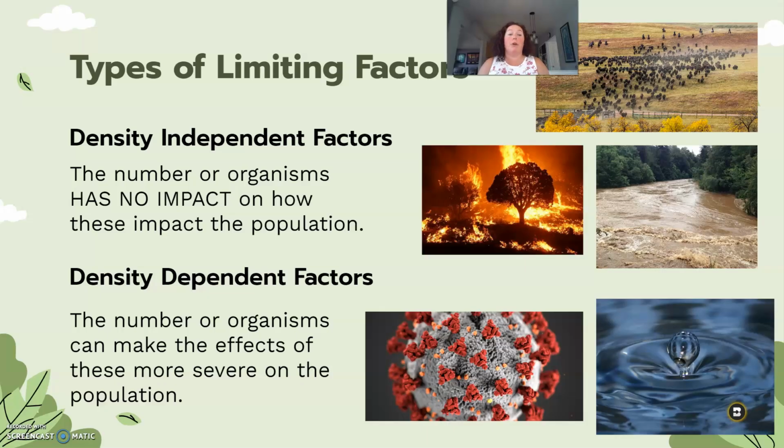Same with water. If there's a water shortage, the larger the population is, the more organisms are going to be affected because you have more individuals sharing that resource. So density independent, it doesn't matter the number there are, they're still going to be impacted. Density dependent, if it's a larger population, it's going to be more negatively impacted than if it was a smaller population.